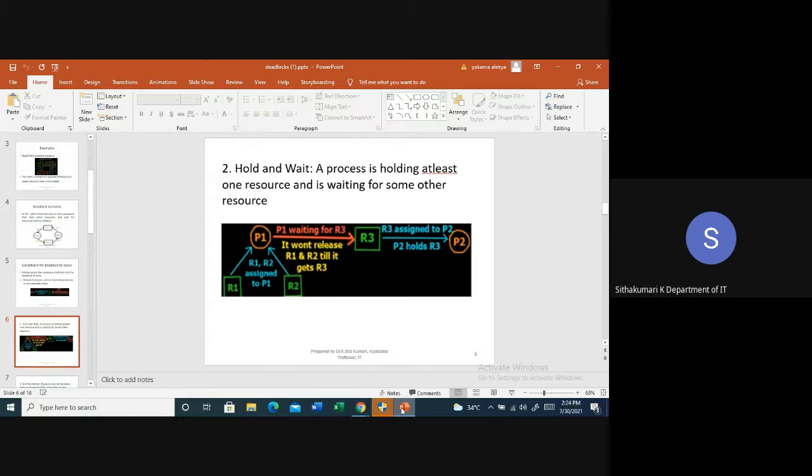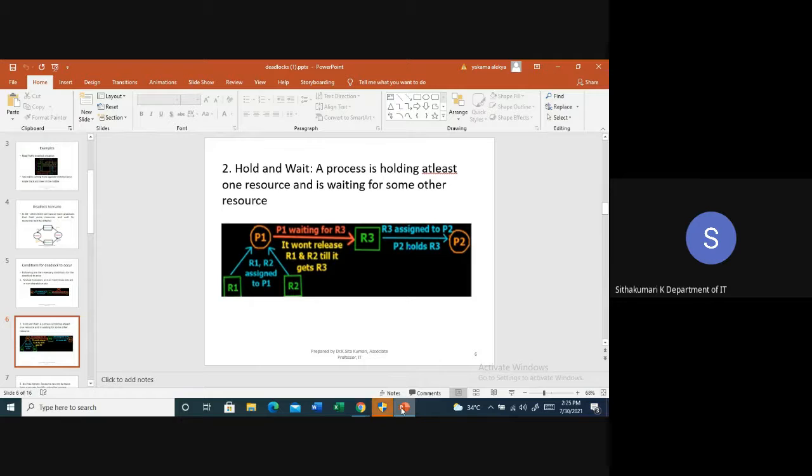So especially in the multi-programming environment, you have multiple programs which are stored in the main memory. So all these processes, they need the resources, and the resources are finite. There are a finite number of resources.